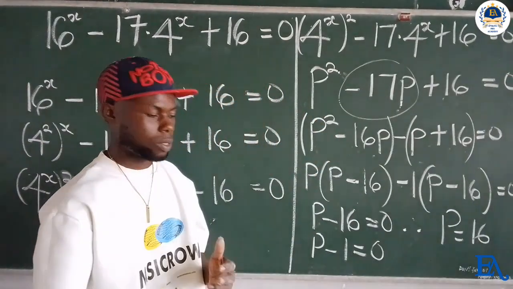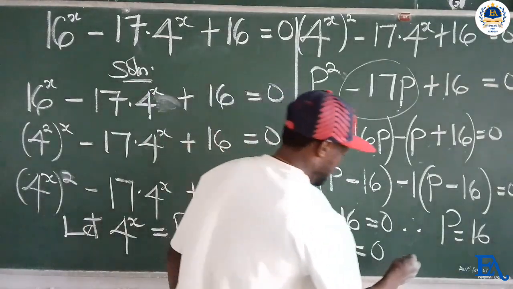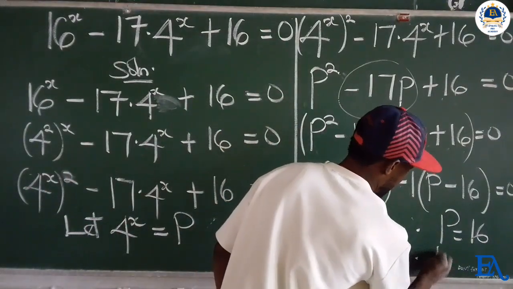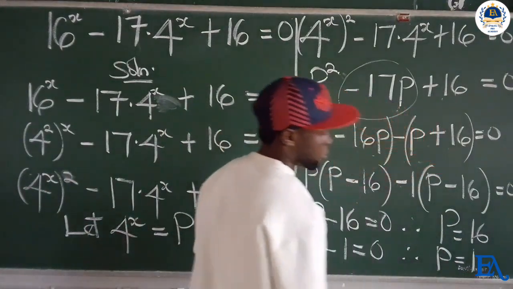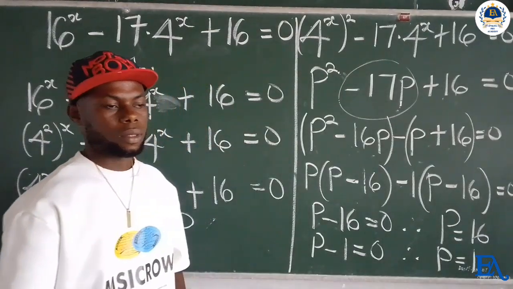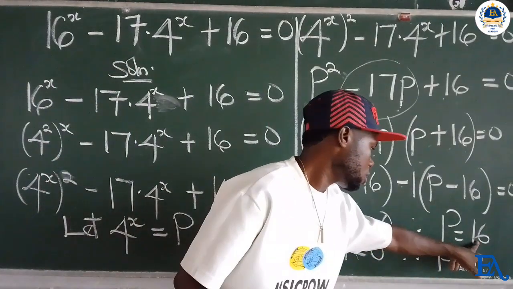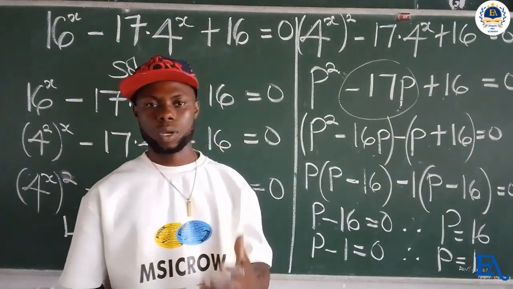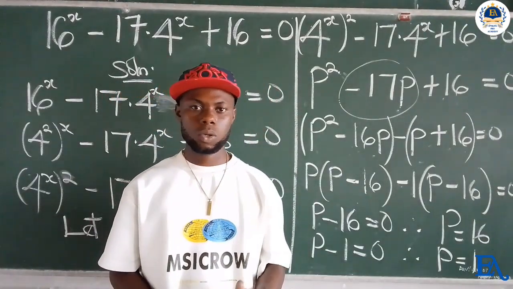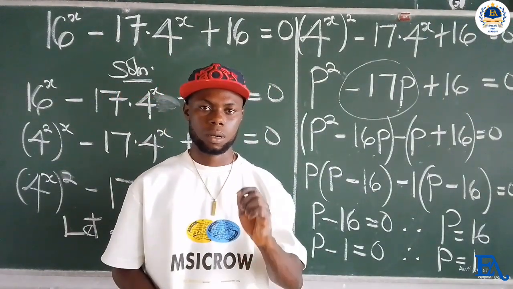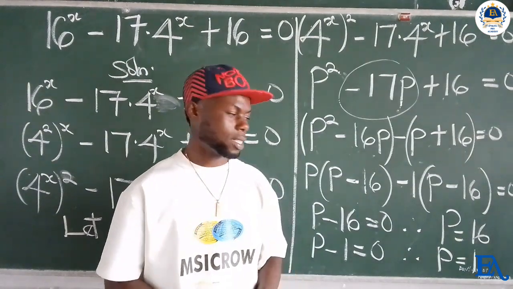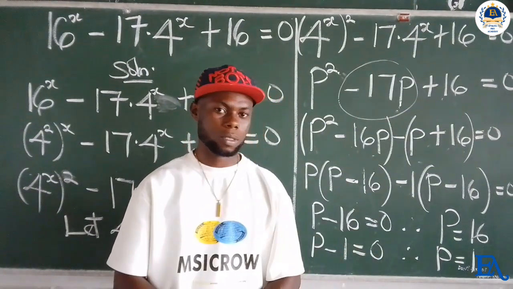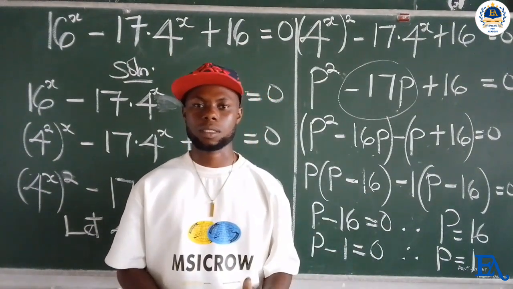So making p the subject from here, p will also equal 1. So p equals 16 or p equals 1. Because it's a quadratic equation, two results must be obtained. And these two answers are called the quadratic roots.